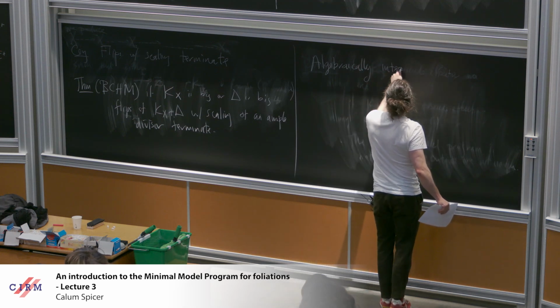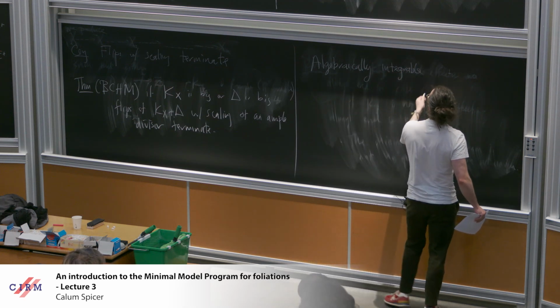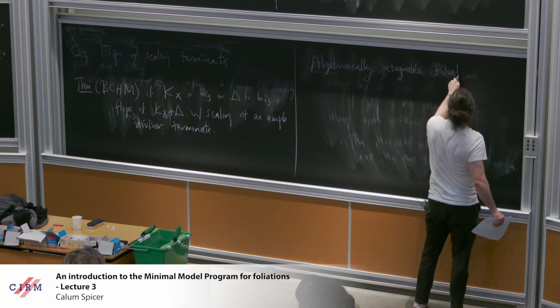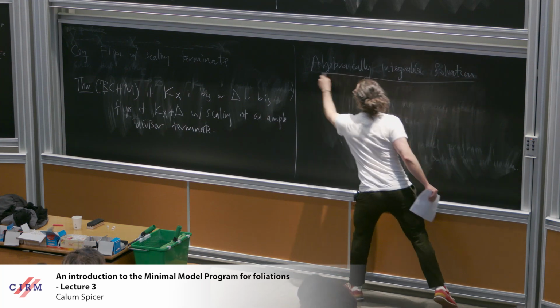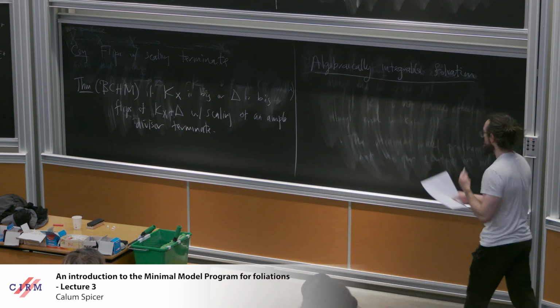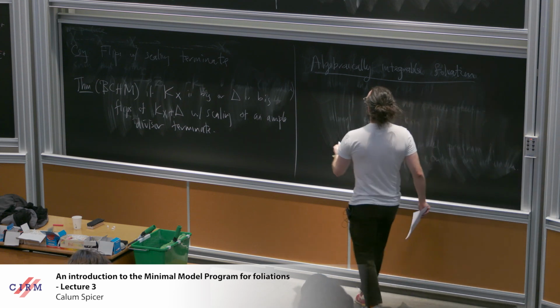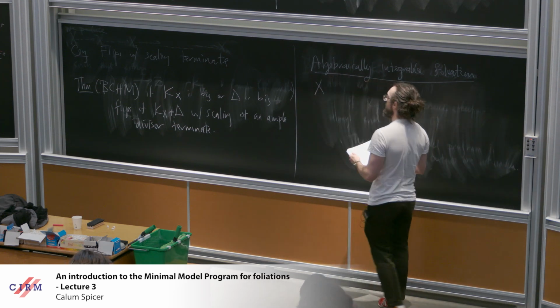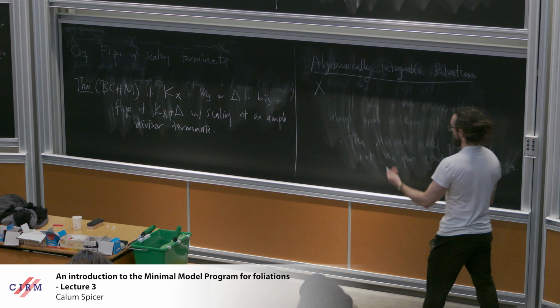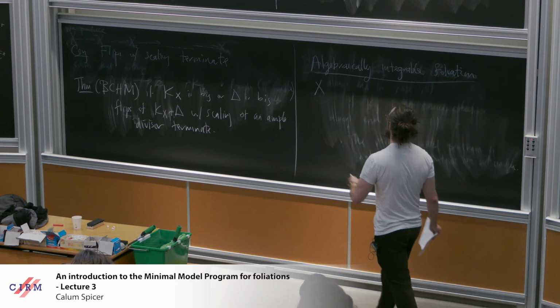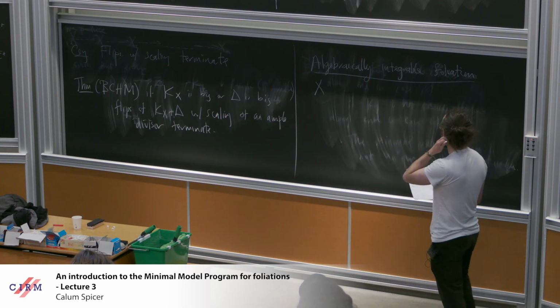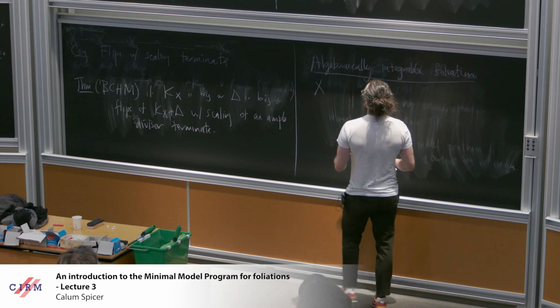I want to change gears slightly now and talk about algebraically integrable foliations. So again, now I want X to be of arbitrary dimension. On Tuesday, I was restricting myself to the case of a threefold. Now I want X to be arbitrary dimensional.